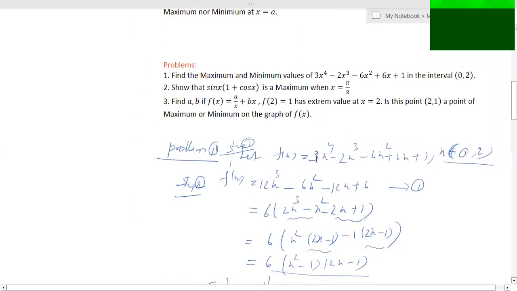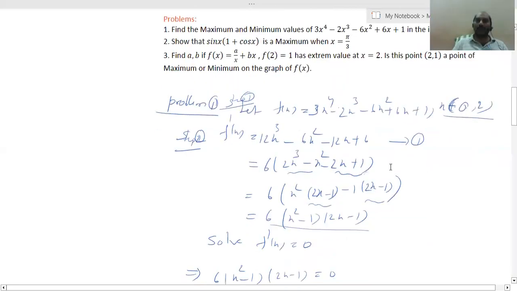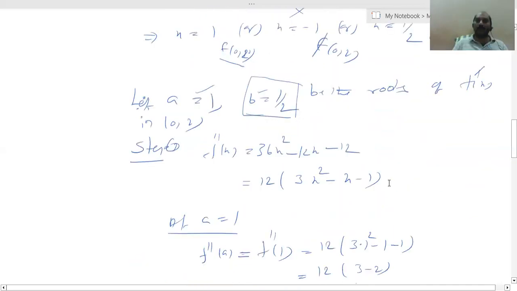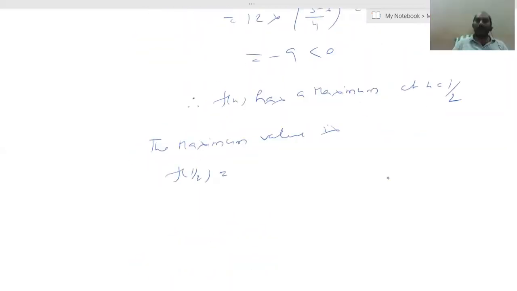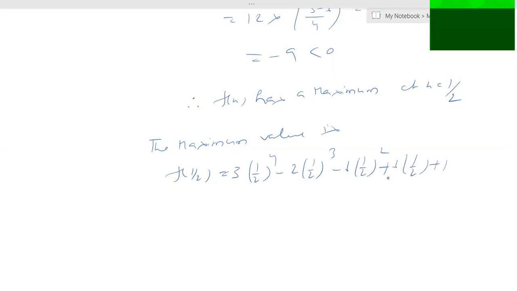The given function f of x is 3x power 4 minus 2x cube minus 6 into x square plus 6 into x plus 1. That means 3 into 1 by 2 whole power 4 minus 2 into 1 by 2 whole cube minus 6 into 1 by 2 whole square plus 6 into 1 by 2 plus 1.